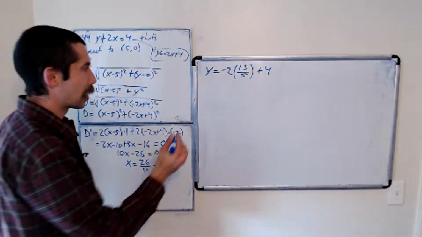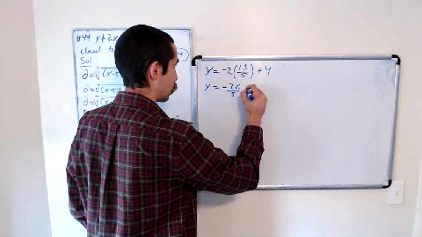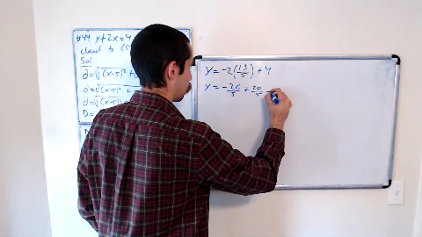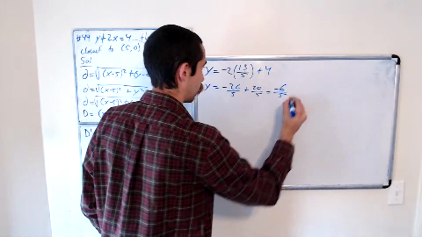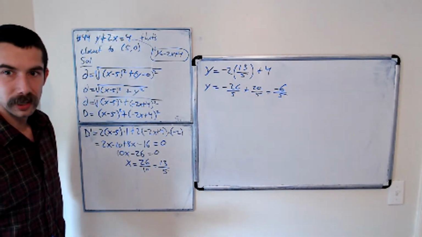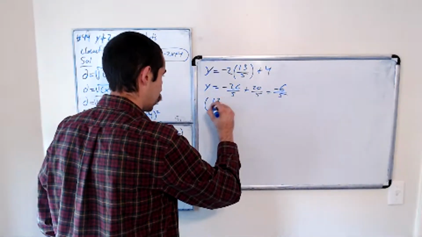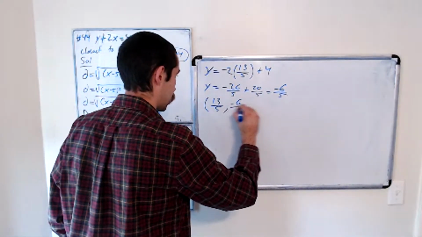And so we get y is equal to negative 26/5 plus 20/5, which is equal to negative 6/5. So what point is closest to the point (5, 0)? It's the point (13/5, negative 6/5).